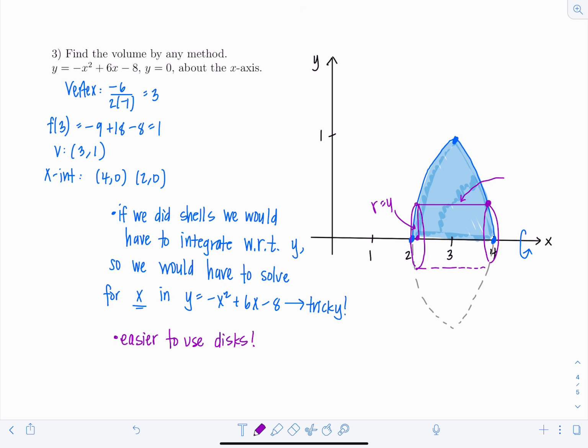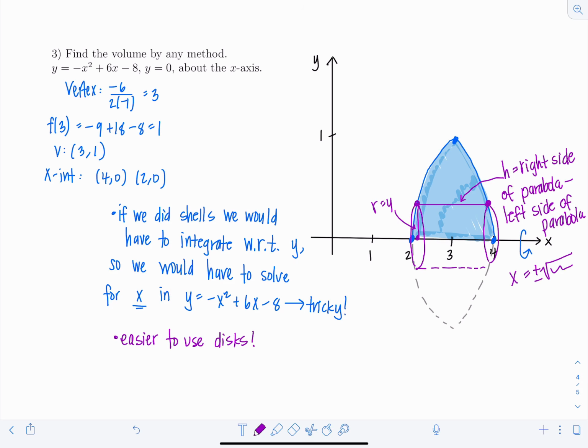This right piece minus the left piece. So the height is the right side of the parabola minus the left side of the parabola. And as I mentioned earlier, you would have to solve for x, and you'd have a positive and a negative radical, and that's how you would set it up. So that looks like a big mess.